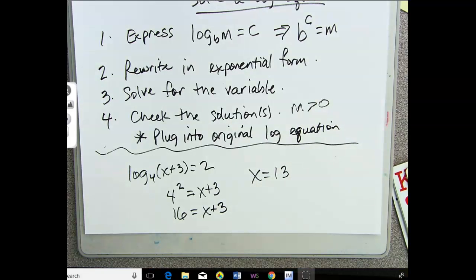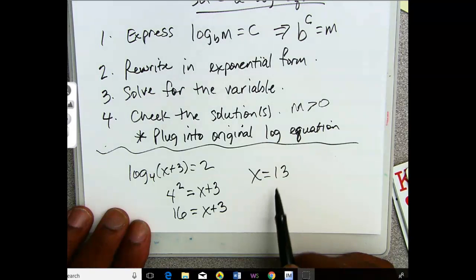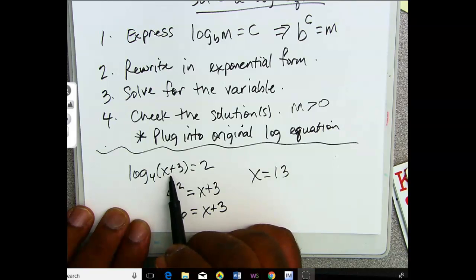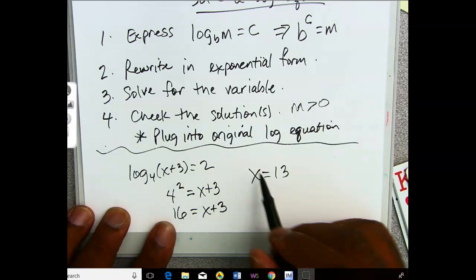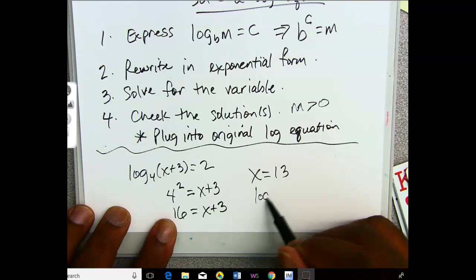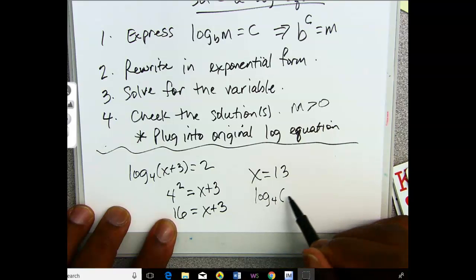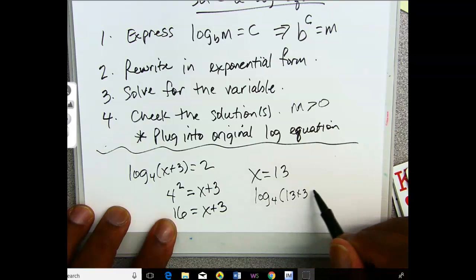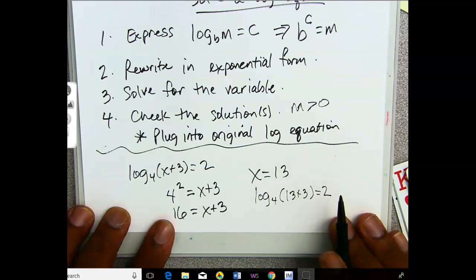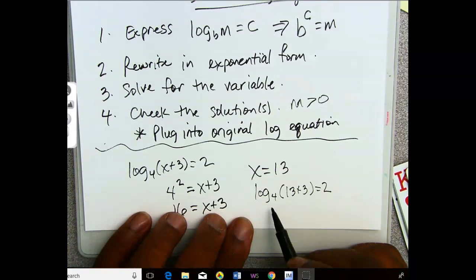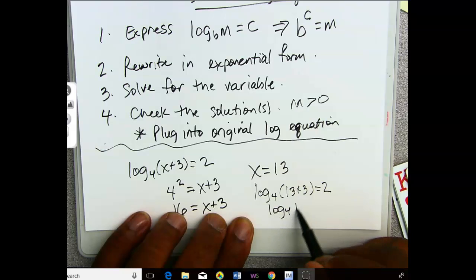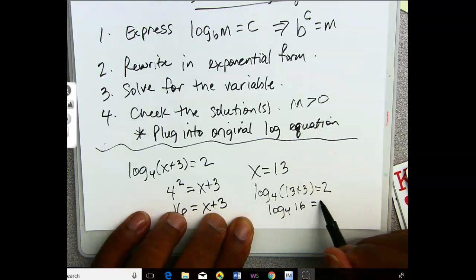Okay, now, are we satisfied that that 13 is a solution? No. Okay, so what do we need to do with it? So if we substitute the 13 in here, we always want to check our solution, especially with the logs. Log base 4 of 13 plus 3 is equal to, so log base 4 of 16 is 2.